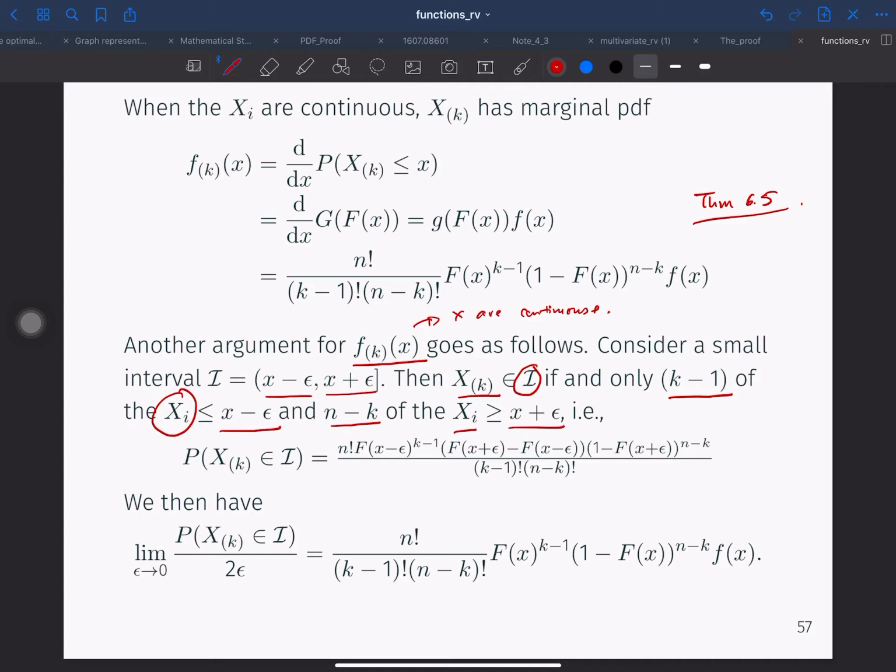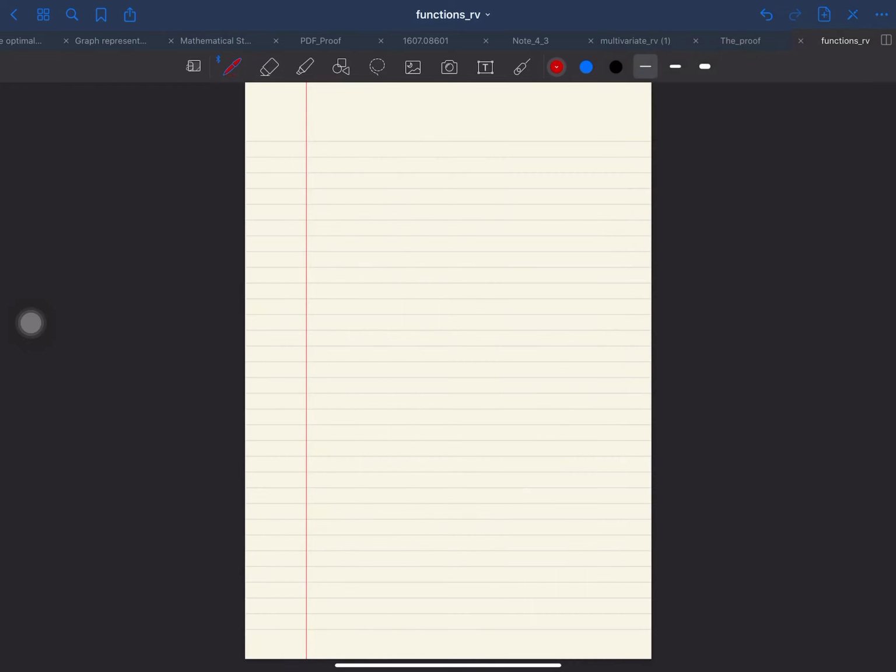So this here tells me something like the multinomial. So I have that X_(k) belongs to the interval I, which is x minus epsilon to x plus epsilon, implies that k minus 1 of the n trials are less than x minus epsilon, n minus k of the n trials are bigger than x plus epsilon, and one of the trials is between x minus epsilon and x plus epsilon.